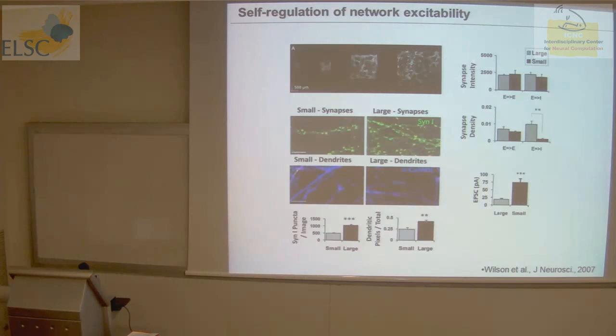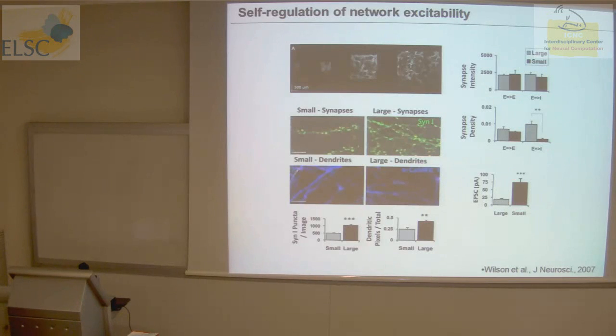What they did was they patterned 4 sizes of uniform networks, and they examined different morphological properties of these networks. They noticed that if you look at synaptic density and the dendritic density in those cultures, you can see that the large cultures have higher synaptic density and dendritic density, which means they should have higher levels of excitability.